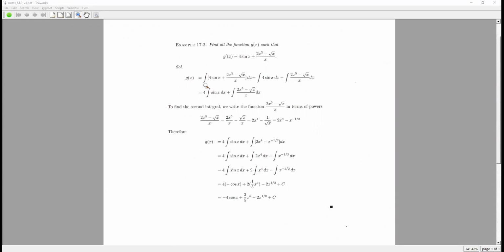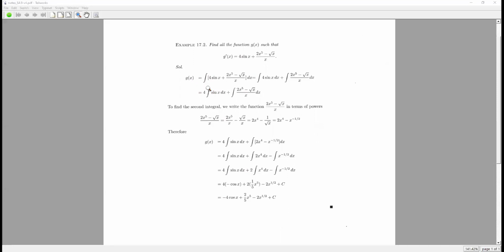For integrals, we also have a summation formula, a subtraction formula, and the formula for a scalar times a function. But for integrals, we don't have a product formula. We don't have a quotient formula.